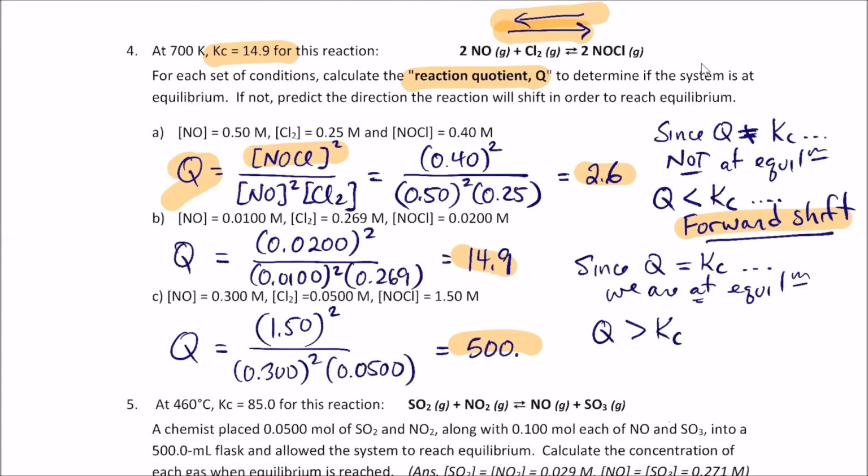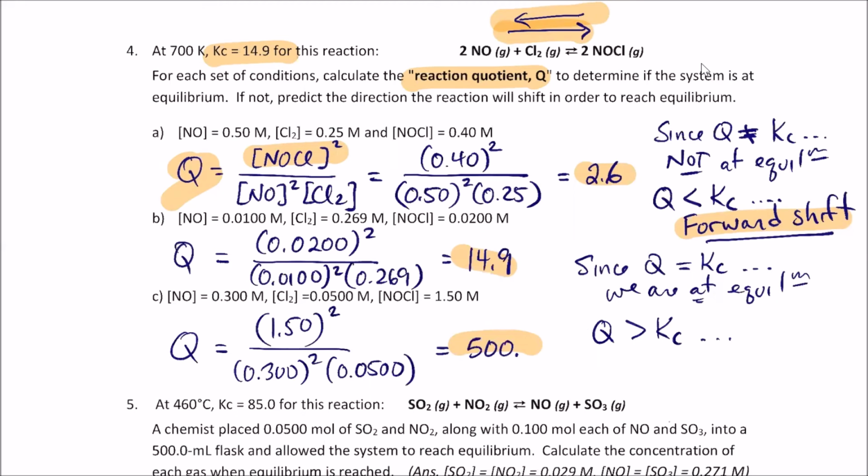You don't have to say it's not equal, we can just say it's bigger. Can you reason out what has to happen then? Logically, it's obvious what will happen, but can you just reason it out? If Q is bigger than K, then Q needs to get smaller, doesn't it? How can this Q value become smaller?